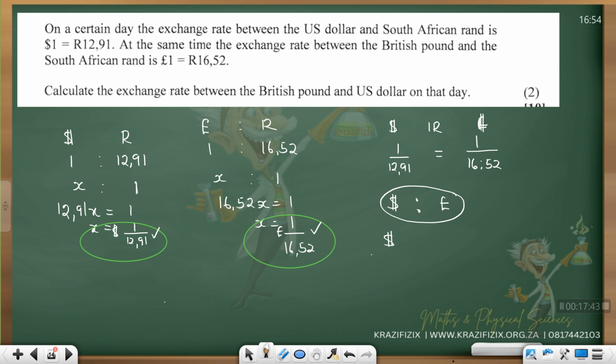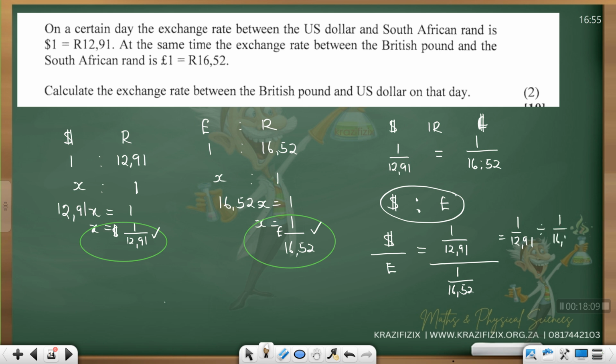That ratio means we can divide. So I can then say 1 over 12,91 divided by 1 over 16,52, because they are both equal to 1 Rand. And I can throw that in a calculator. Do you want to do that for me?